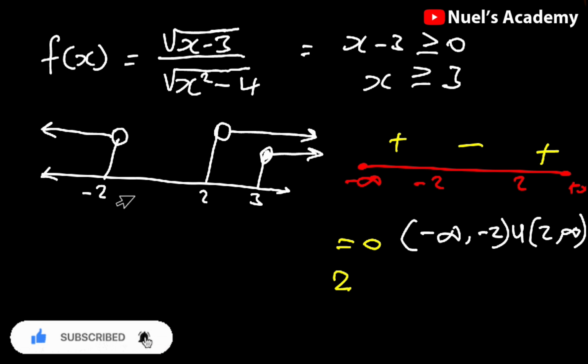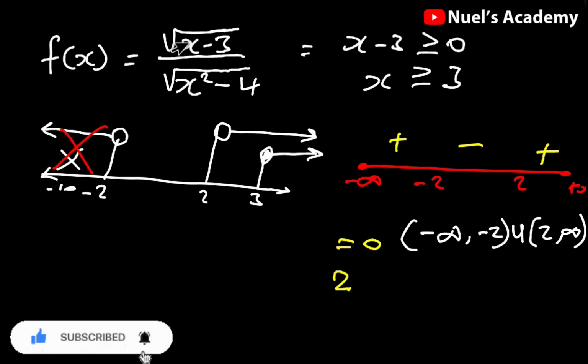Now what does this tell us? Let's check each region and know if it's going to be defined if you plug it into this whole expression. If you plug in negative 10 here, we're going to get negative 10 minus 3, which is negative 13. And we know that we can't have a negative number inside a square root function, so we're going to discard this region. Now let's test this region, which is between 2 and 3. Let's choose 2.5.